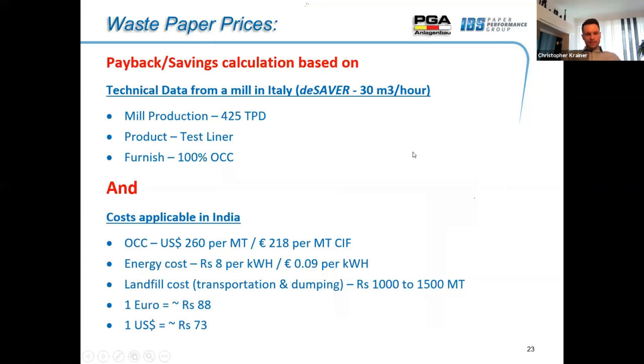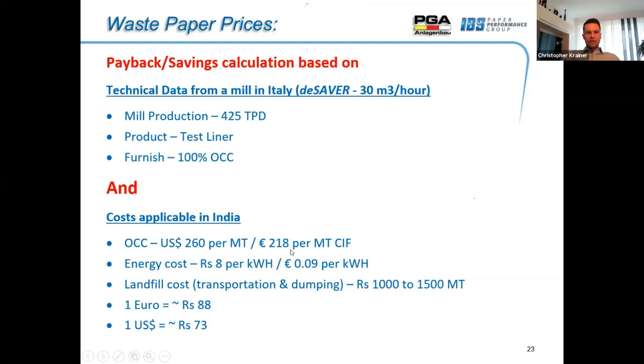Now let's calculate a return on investment example with Indian prices. Payback saving calculation is based on a desaver with 30 cubic meter per hour. Mill production is 425 tons. Product test liner, furnish 100% OCC, and costs applicable in India: OCC $260.